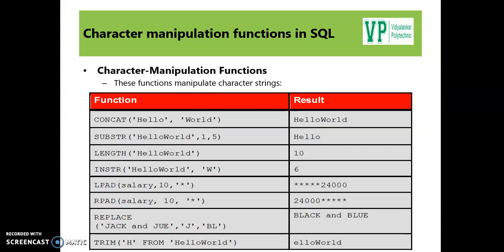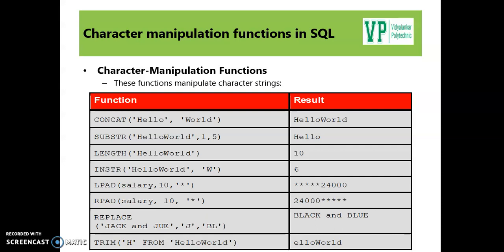So in hello world, if we search for capital W, we will be getting 6 as an output. The first appearance of capital W is on the 6th position, or the 6th index, of the entire word hello world. So it is giving us 6 as an output.